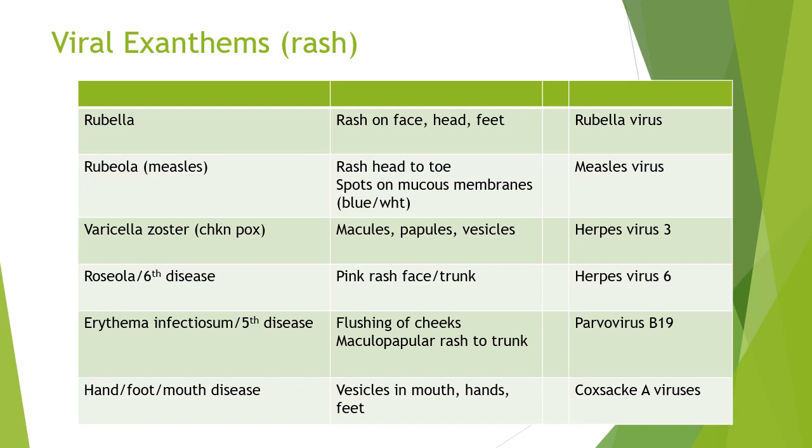Rubeola, also known commonly as measles, and you all know about measles because it's been in the news a lot. Measles is caused by the measles virus, also known as paramyxovirus. Incubation period is up to 20 days, and the communicable period is 4 days up to 5 days after the rash appears.